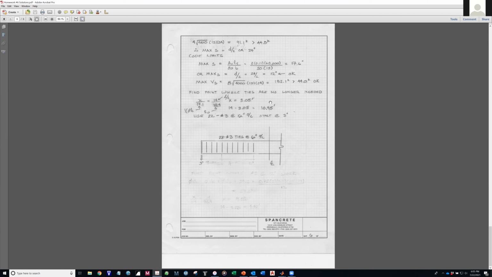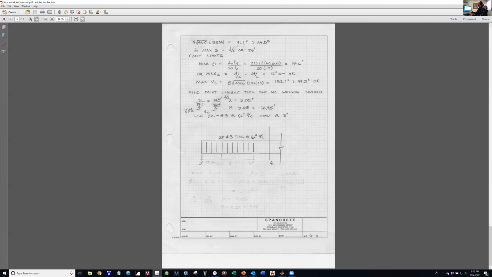It depended on whether or not V_s is greater or less than 4 square root f'c b_w d. If it's greater than that, your maximums are d over 4 or 12 inches. If it's less than that, then it's d over 2 or 24 inches. We did this check here and found that the 4 square root term is greater than V_s. Therefore, my maximum spacing anywhere is d over 2 or 24 inches, whichever is less.